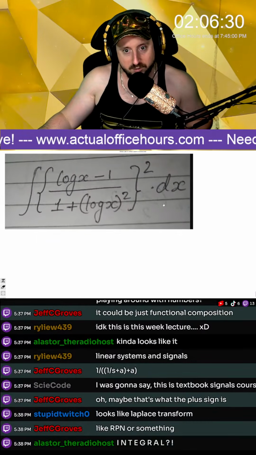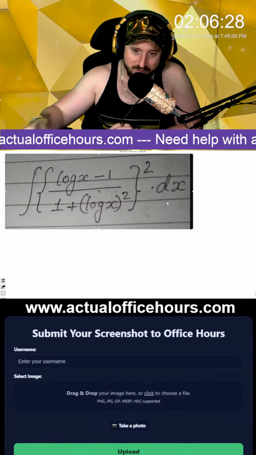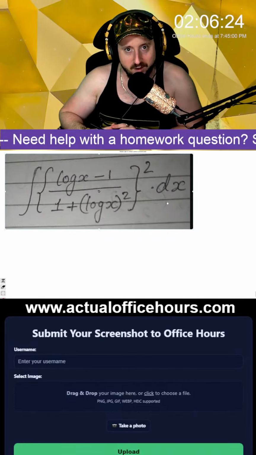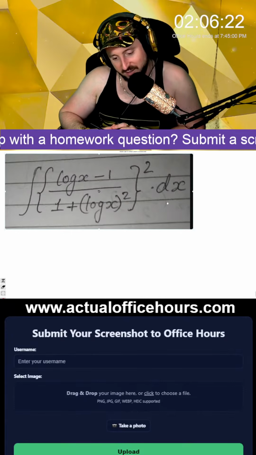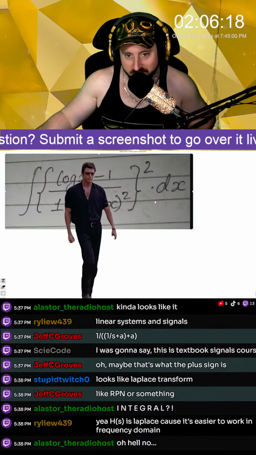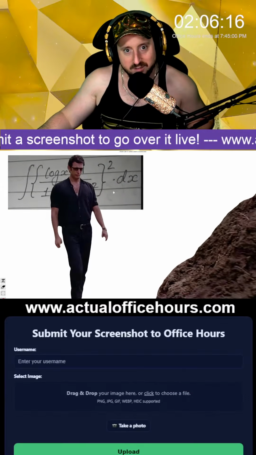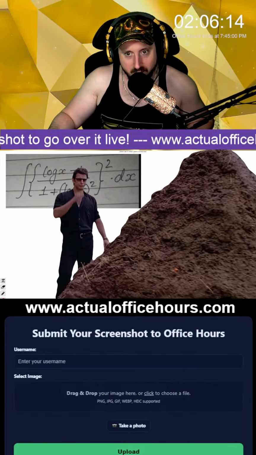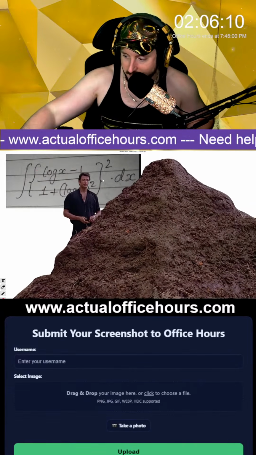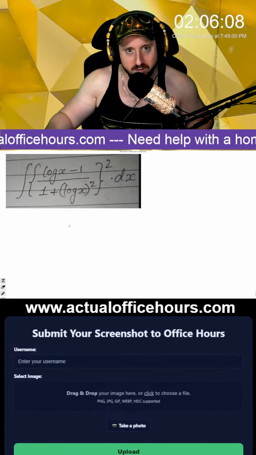Log of x minus 1 over 1 plus log of x squared, all squared, dx. Oh, man. Yeah, this looks kind of tough. Oh, jeez. I'm going to convert everything to ln, just because usually log in math land just means ln.